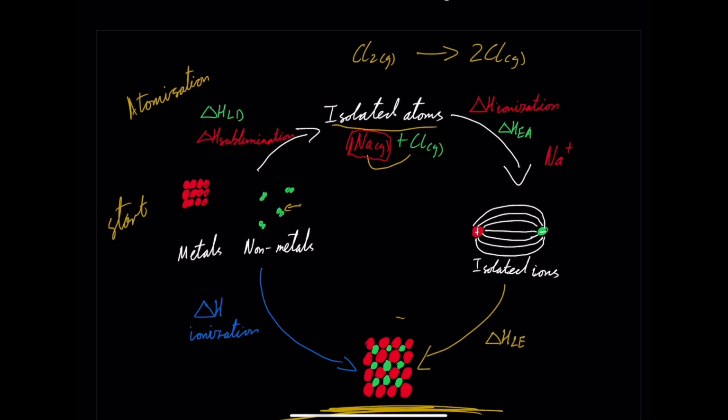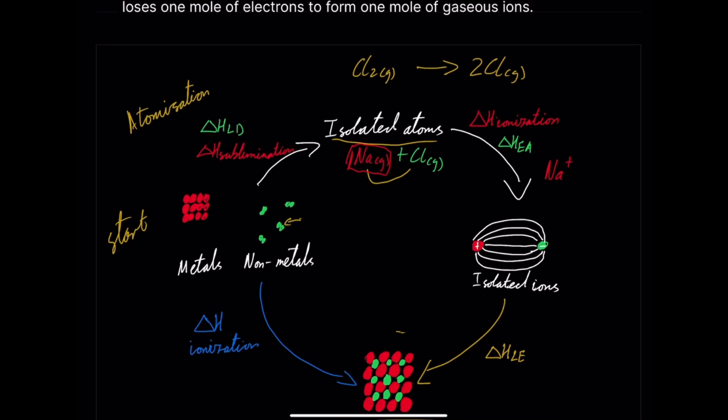I need to make sure that I don't say this in the wrong way. Electron affinity is when you're forming 1 mole of gaseous ions from adding 1 mole of electrons to 1 mole of gaseous atoms, right? So we're forming Cl minus here.